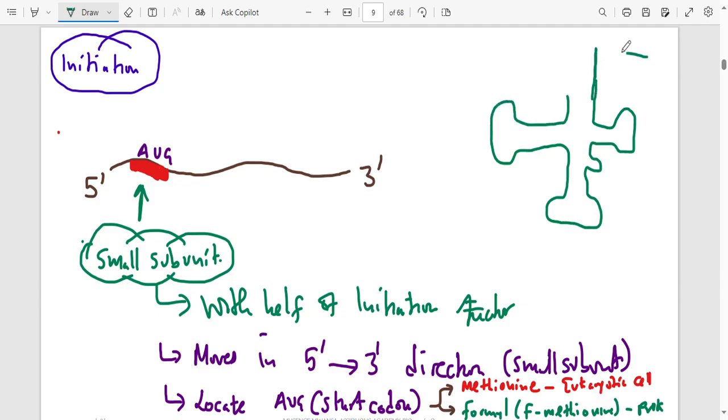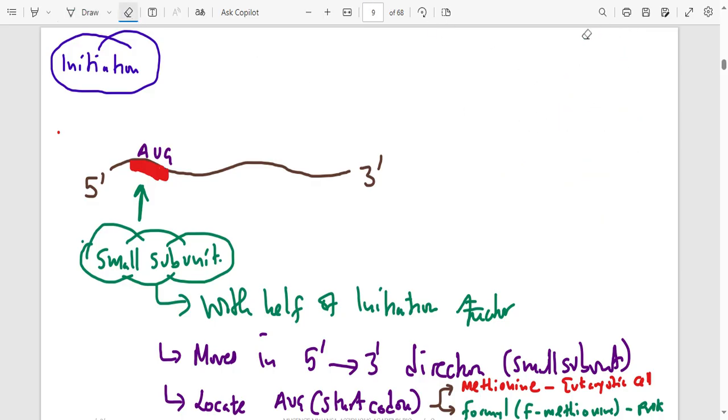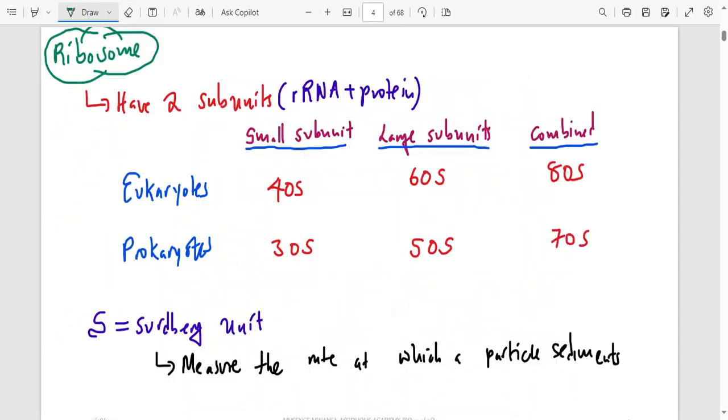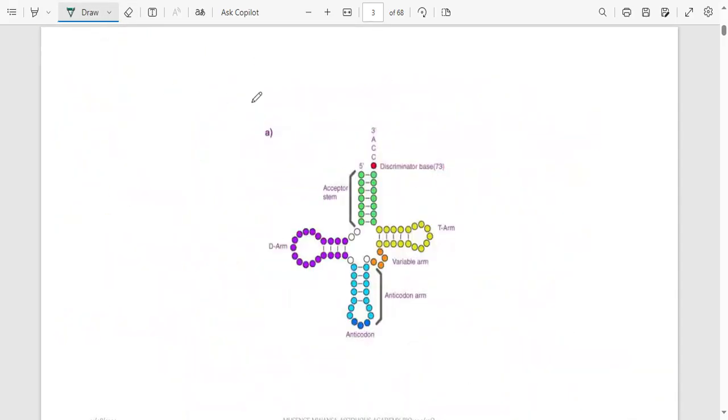Can you see that this arm is much longer? This is known as the 3' end. This one is shorter. This is the 5' end. Please take note of that. That is tRNA. But let me show you the diagram that I put here. So this is tRNA. So tRNA has got different parts.